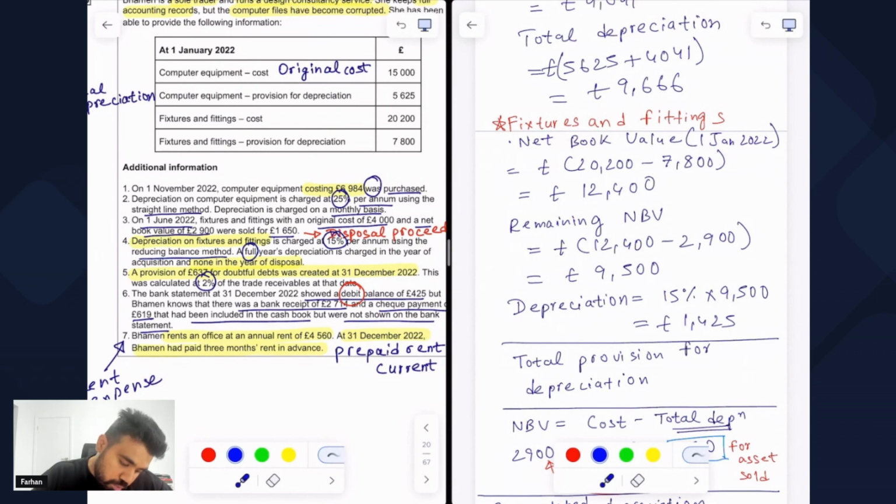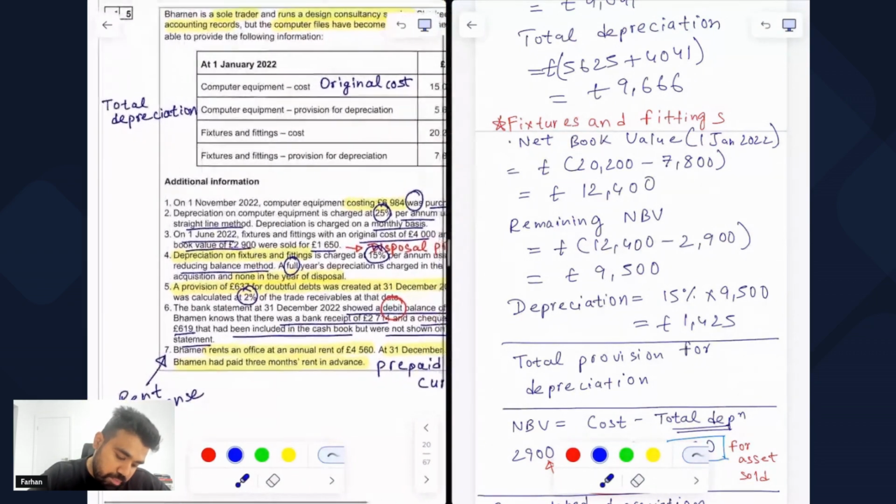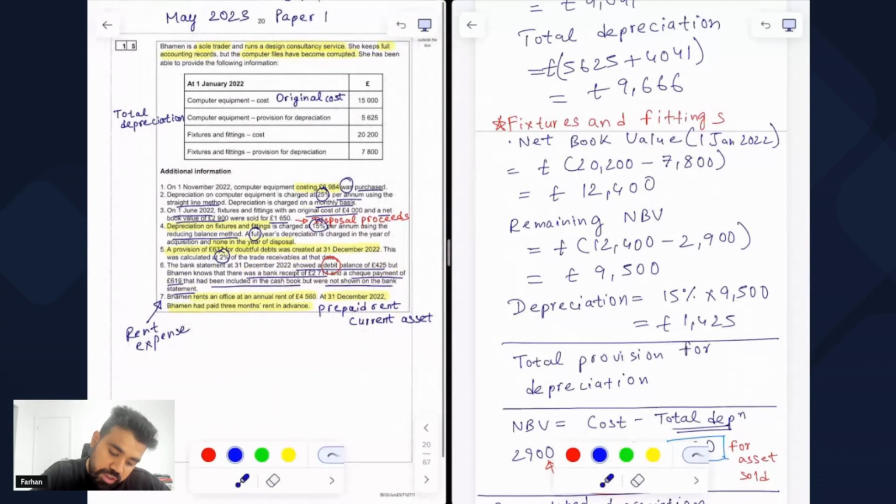Okay, so that is why to begin this calculation with, for fixtures and fittings, we first calculated the net book value at 1 Jan 2022. Now, net book value can be derived by taking the original cost and then subtracting the total depreciation that we have at 1 Jan 2022. So both of these numbers are given in the table here, and that is where I got this from. So the net book value that we calculated at 1 Jan 2022 is £12,400.